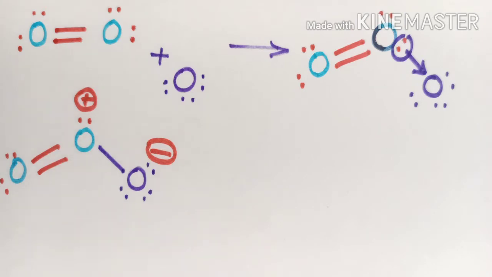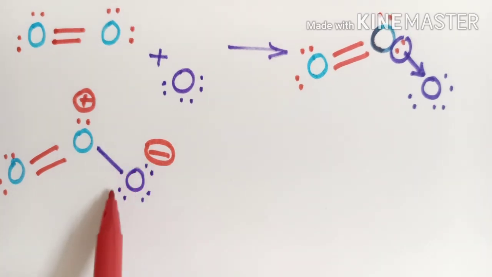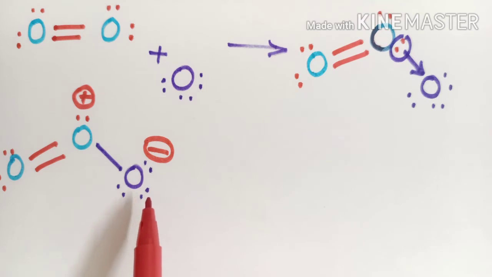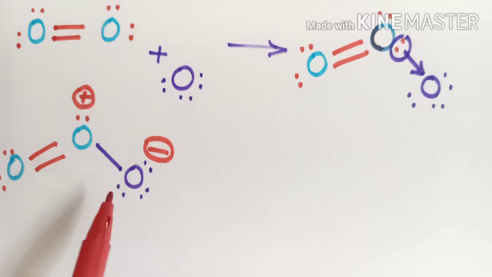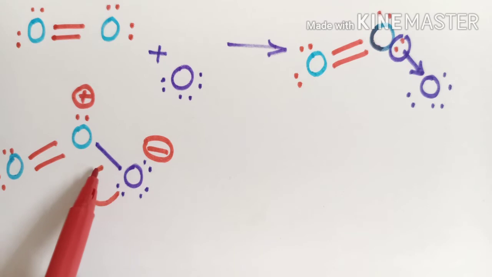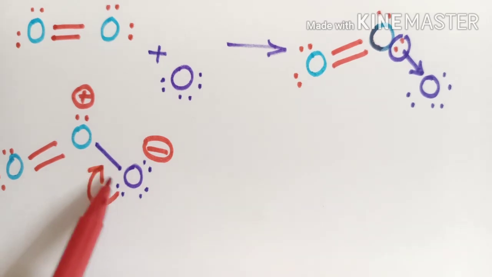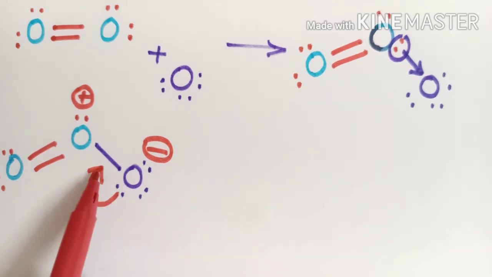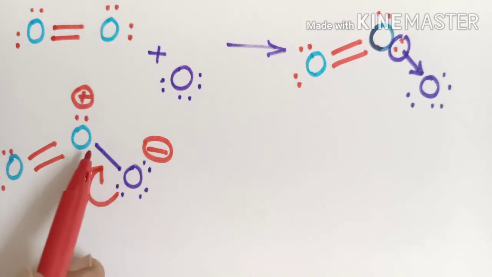So what do you understand by resonance here? In the ozone molecule, if you check here, you find that electron density is concentrated on the rear oxygen. This oxygen is negative. So from this side, electrons start drifting to the other side. When it is shifted, you find that a two electron shift happens and it results in a double bond. As soon as it forms the double bond here, the number of electrons present on the middle oxygen increases.